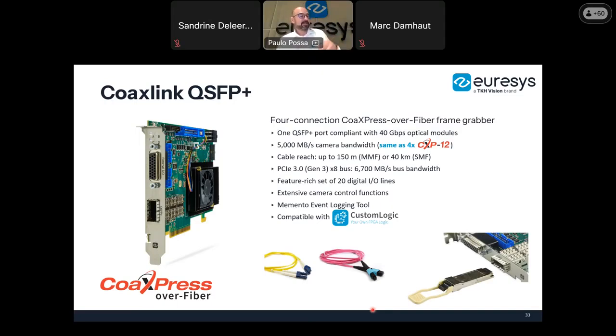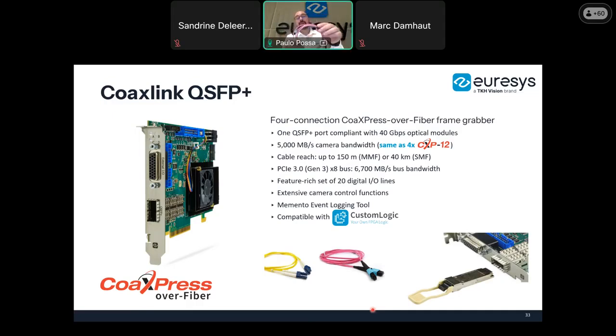Then we have the same modules, but with a different kind of fiber cable. This is a multi-pair fiber cable with 4 or 8 pairs of fiber inside, and we use MPO or MTP optical connectors.